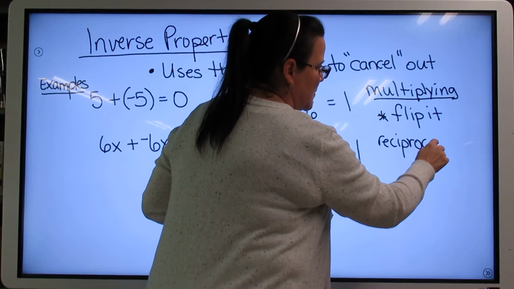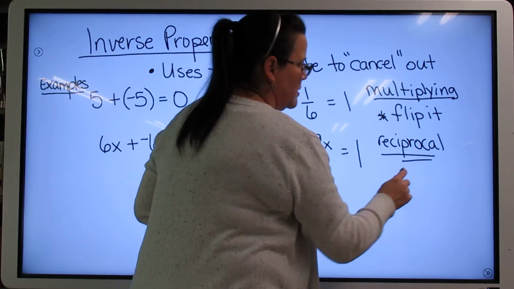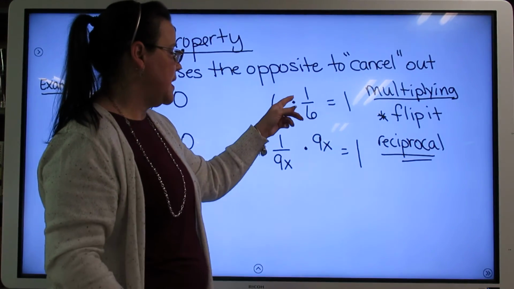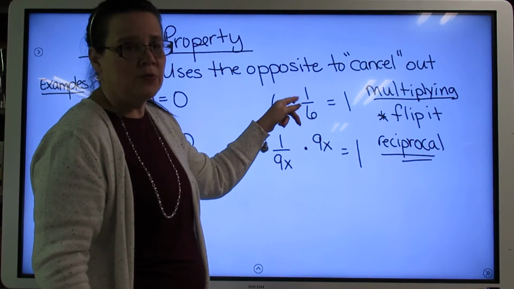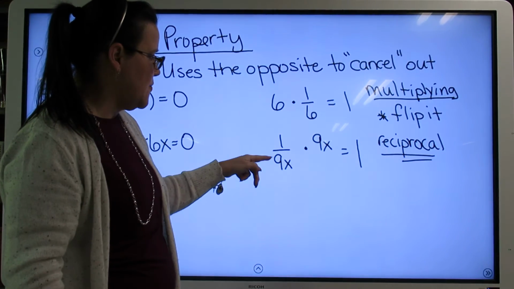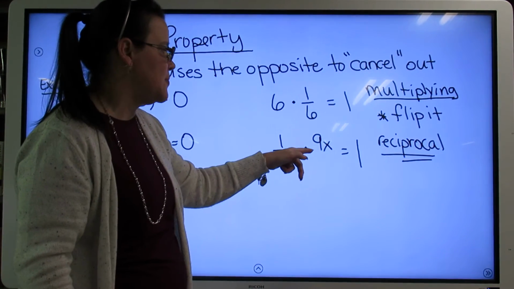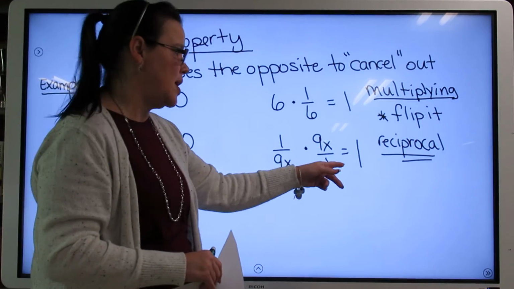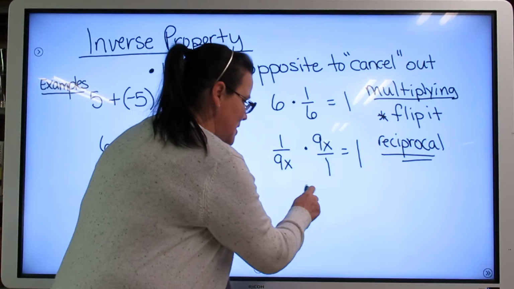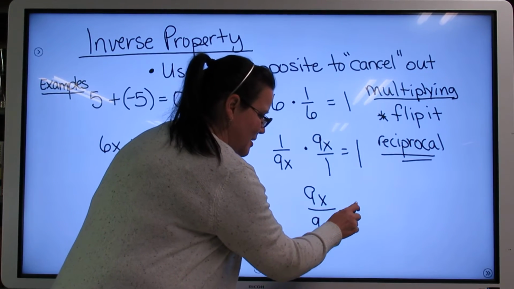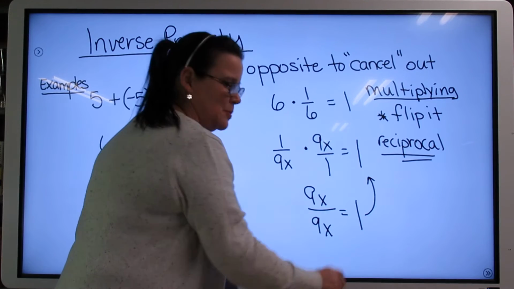But most people know it is just flipping it around. 6, then you flip it and you multiply it with 1/6, it's going to equal 1. And 1 over 9x, you just multiply it with 9x because you know you're flipping it. And then it would equal 1. Why? Because 9x divided by 9x equals 1. That's where that comes from.